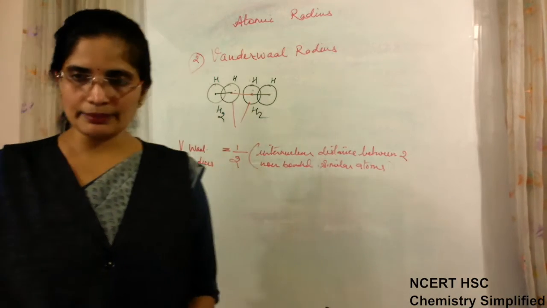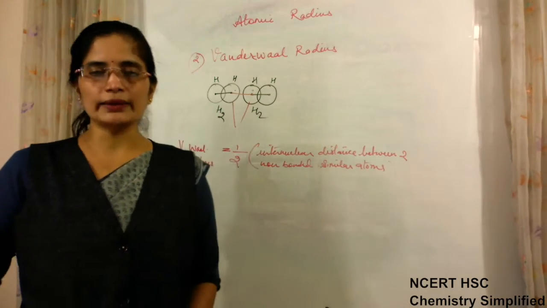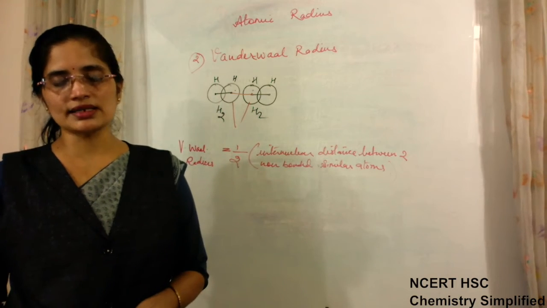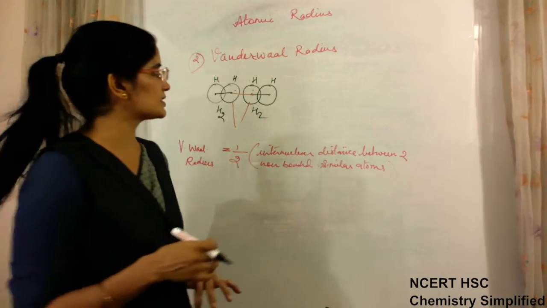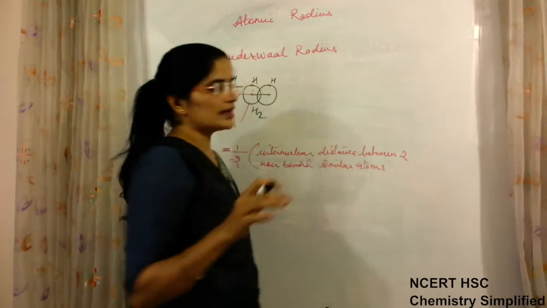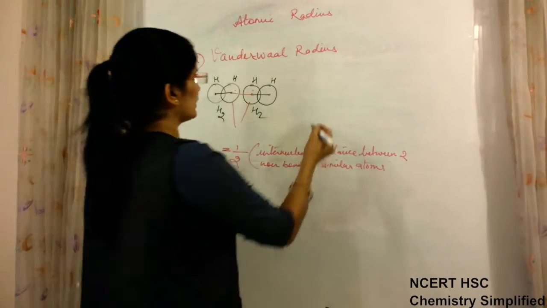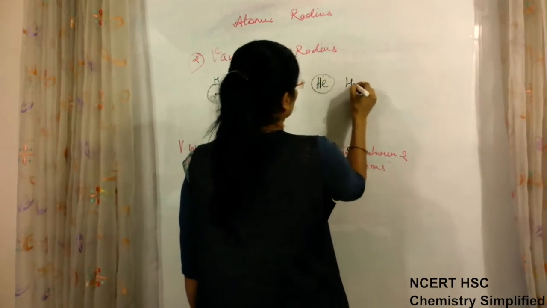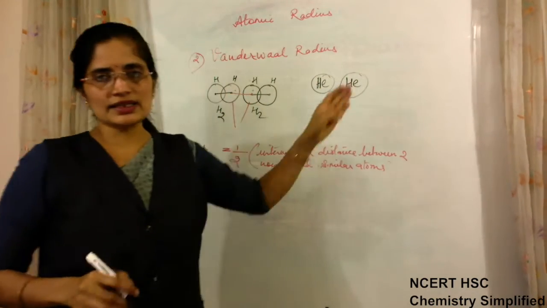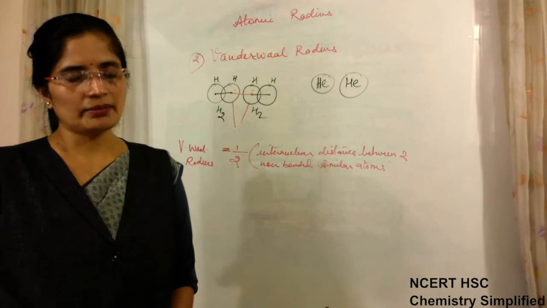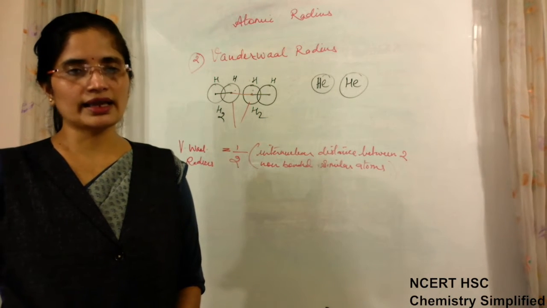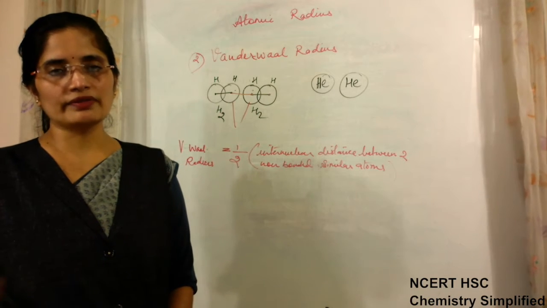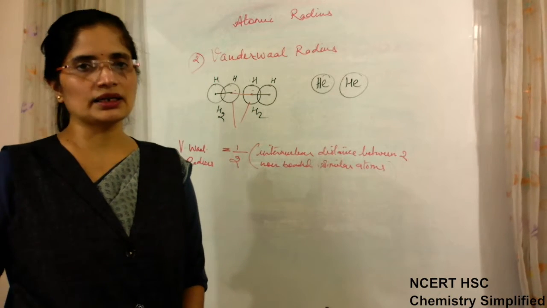Generally for those elements which form covalent bonds, covalent radius is taken. But how van der Waals radius is taken, this we are just discussing. Van der Waals radius has more importance when we have helium atoms. These are inert gases, neon, they don't form bonds with another atom because they are inert gases.